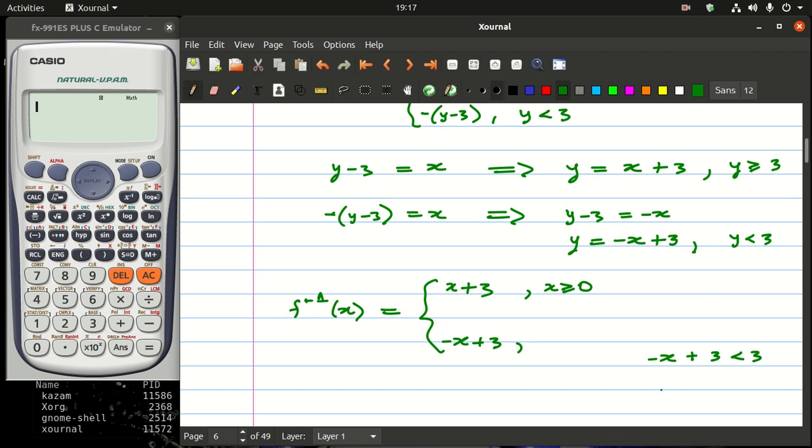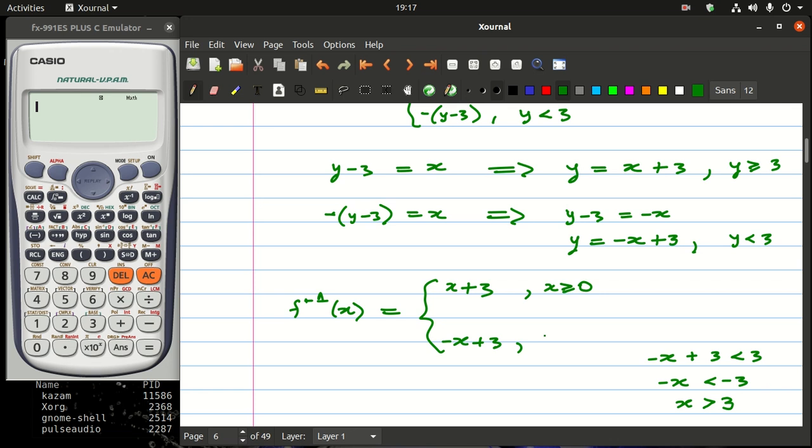That's what we want. So I want minus x to be less than minus 3, and multiplying on both sides changes the inequality, so I want my x to be bigger than 3.